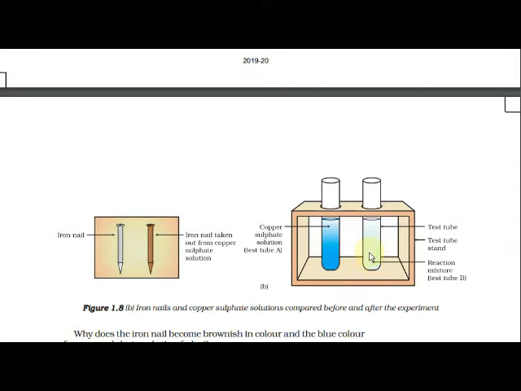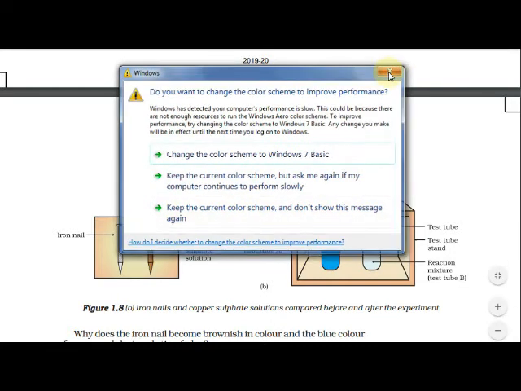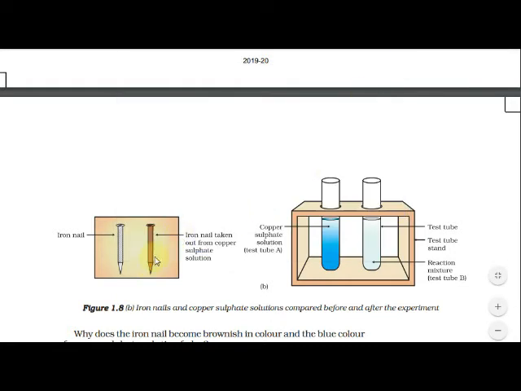It means when iron nails are dipped into the copper sulfate solution, you will see that a reddish colored substance is deposited on the iron nail, and that reddish substance is Cu. You will also see that the copper sulfate solution's color has changed. It is greenish in color. The blue color changed into somewhat faint greenish.